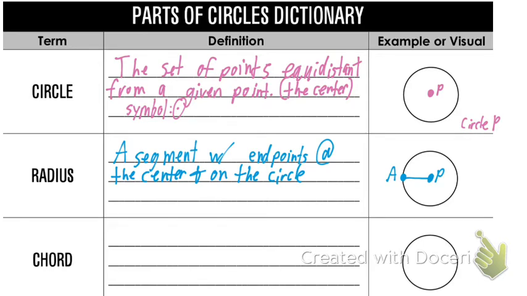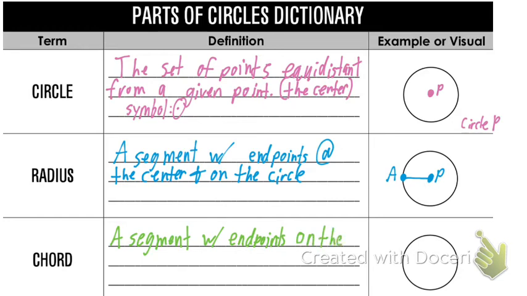Okay. Chord. We're not talking about music chords. We're not talking about electrical cords, but it is spelled the same as a music chord, though. A chord is a segment. Another line segment. This one has the endpoints on the circle.